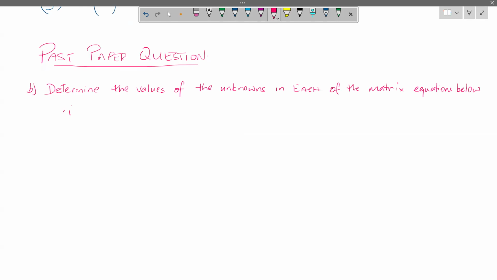So in part 1, they gave us the matrix 4, 0, -2, 5 plus the matrix x, 2, 8, -1 is equal to the matrix -3, y, 2, 4.